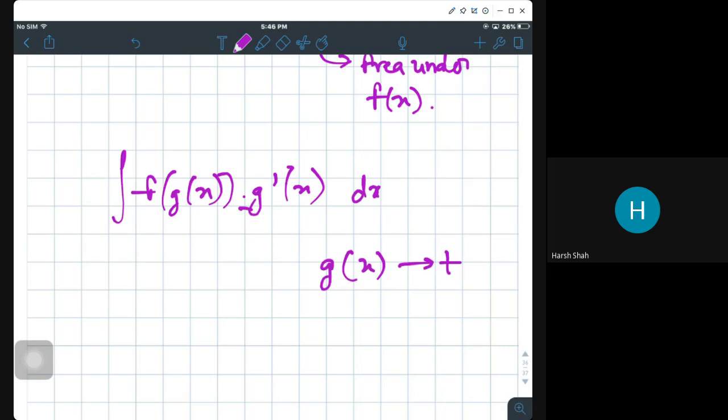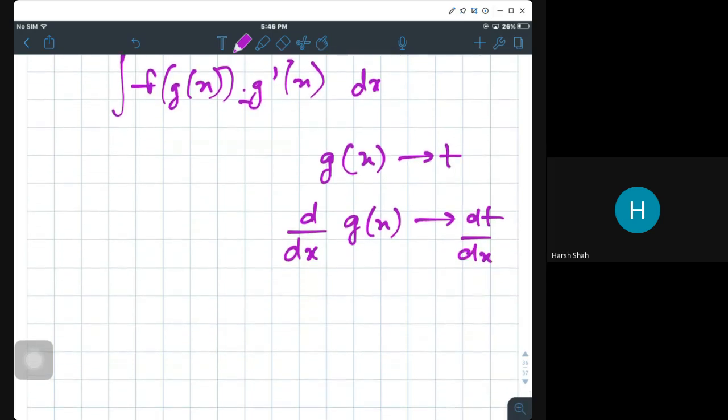Why? If you differentiate d by dx of g x equal to t, you get g dash x into dx equal to dt.